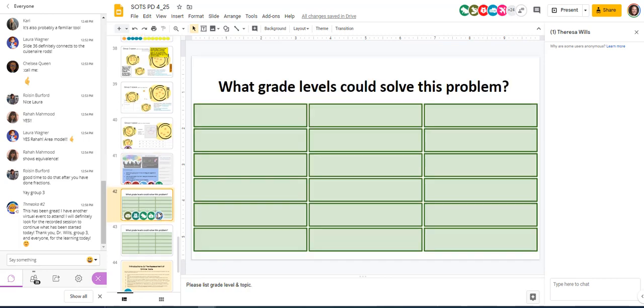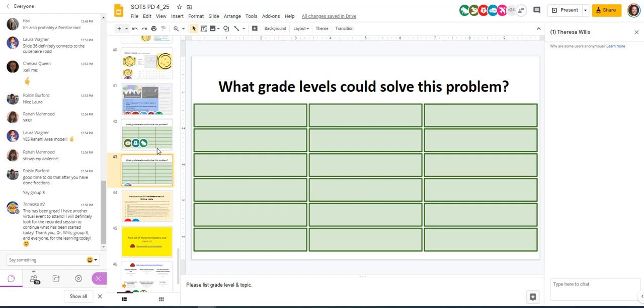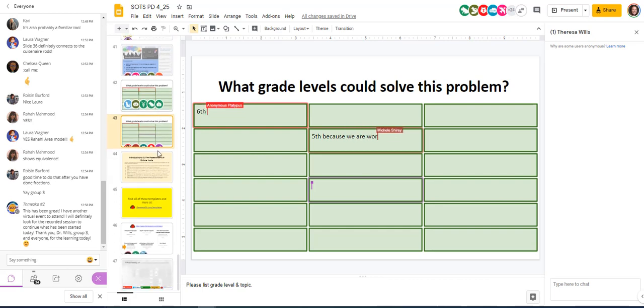Before you head out, I would ask if you can find a spot on slide 42 or 43 and tell us what grade level could solve this problem. You might put in third because, and then blank. Tell us what the topic is that you do at that grade so we can see how far this problem stretches.